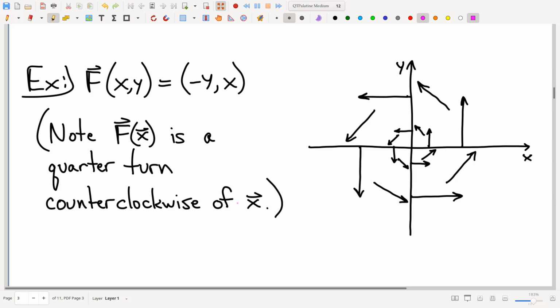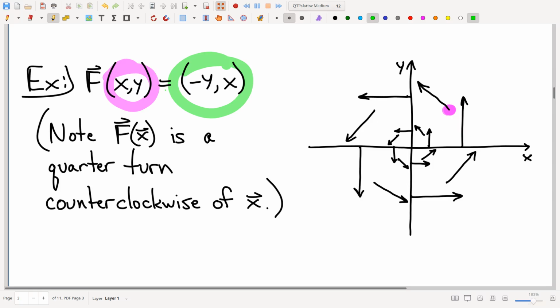Okay, again, point x comma y. Here's my field vector, negative y comma x. What can I say about that field vector? There are a couple of observations you can make. Peculiar to this example, but notice these two vectors have the same magnitude.